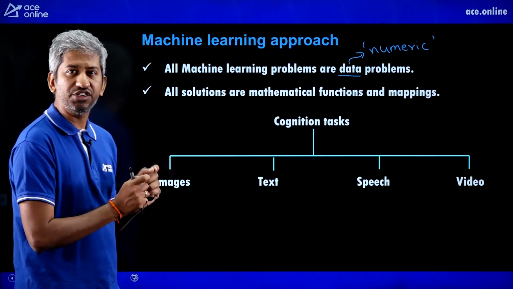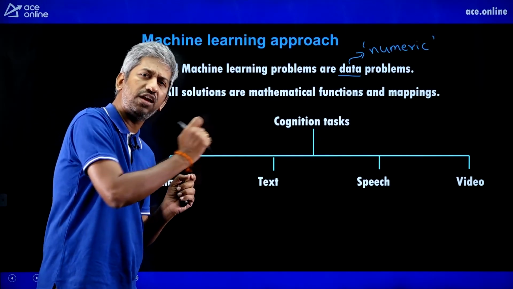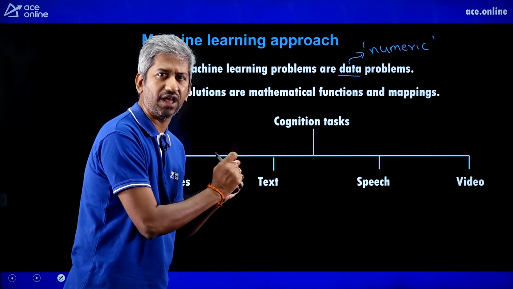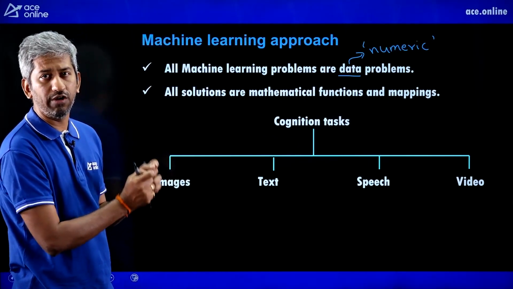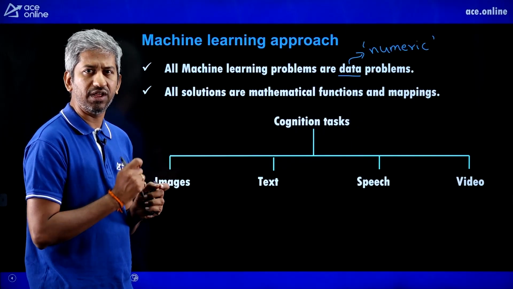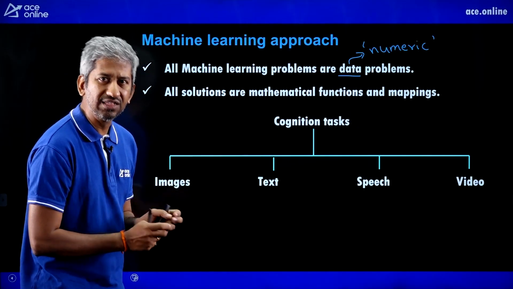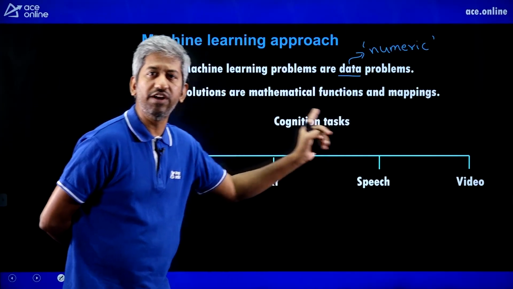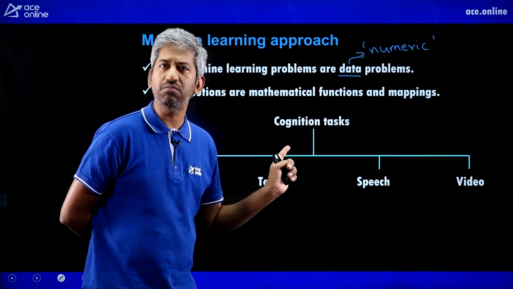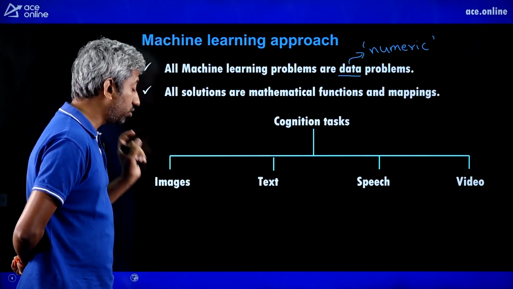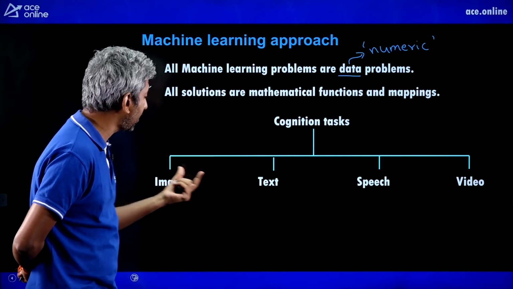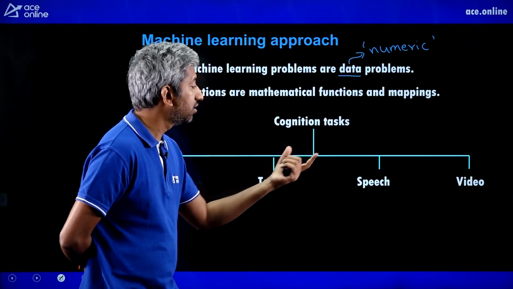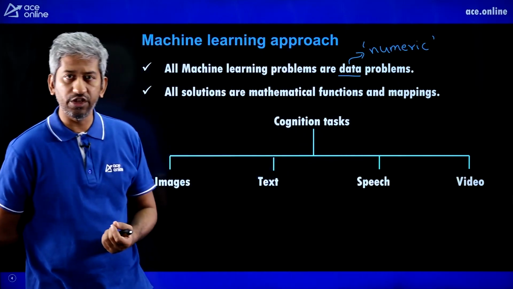Unfortunately, in the majority of machine learning problems, the initial data will be in the form of non-numerical data. Most of the time we deal with cognitive tasks in machine learning, and those tasks deal with data such as images, text, speech or video.